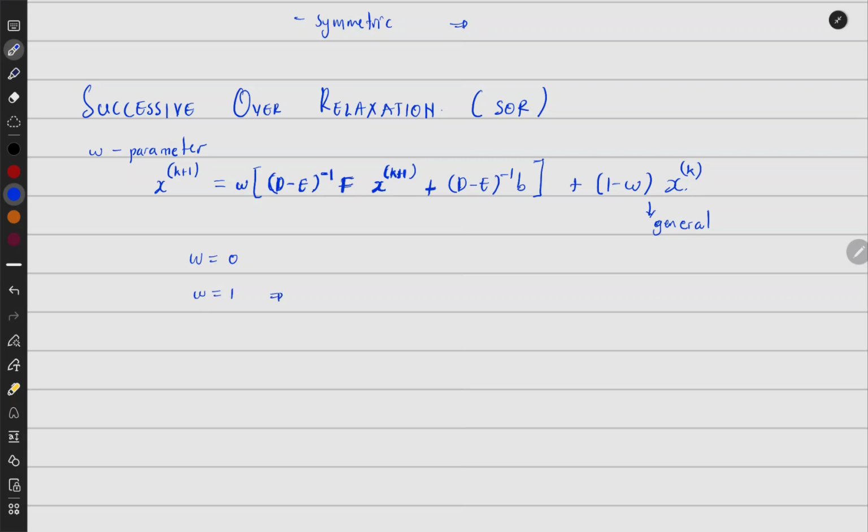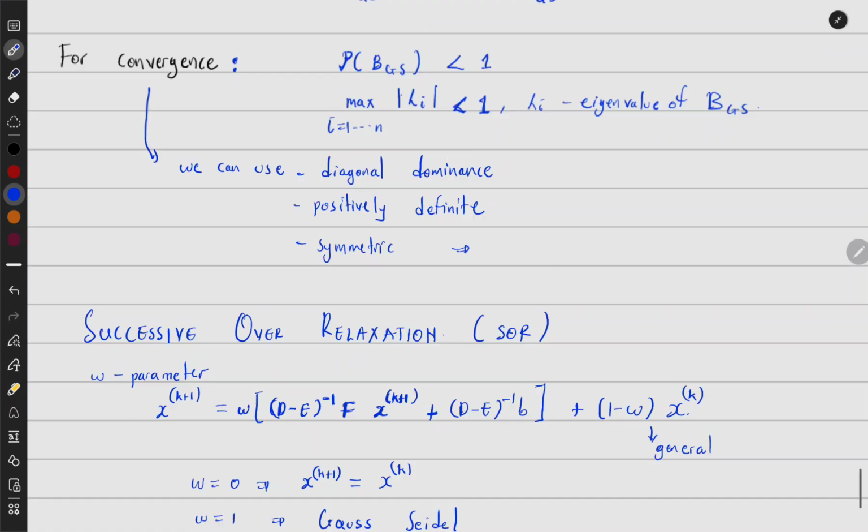When omega is 1, we have the special case of the SOR, which is the Gauss Seidel iterative method. If omega is 0, this doesn't make sense, because x^(k+1) will just be equal to x^k. Omega can lie in the interval 0 to 2, which is okay.